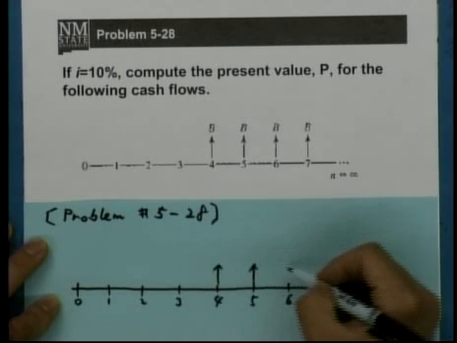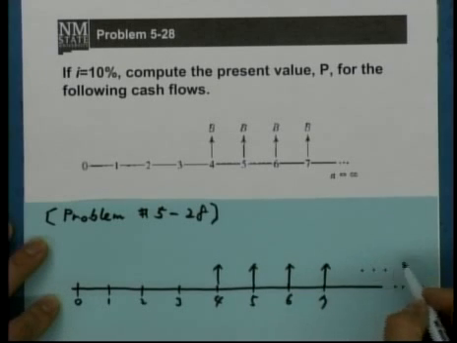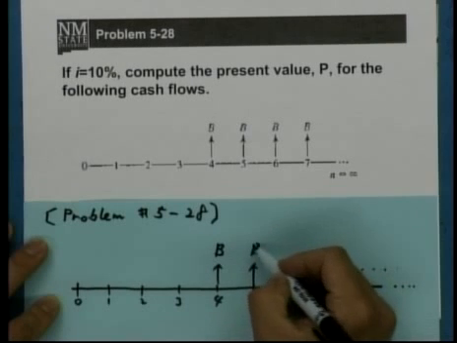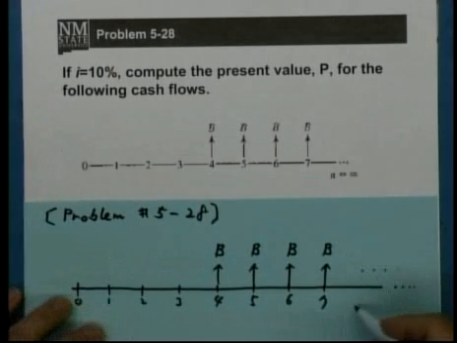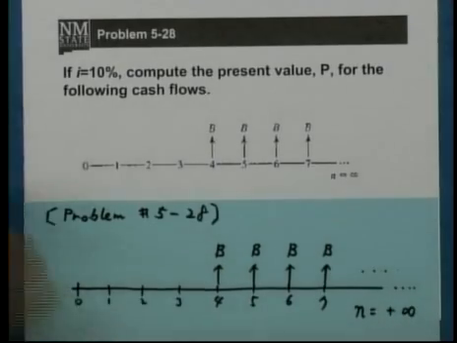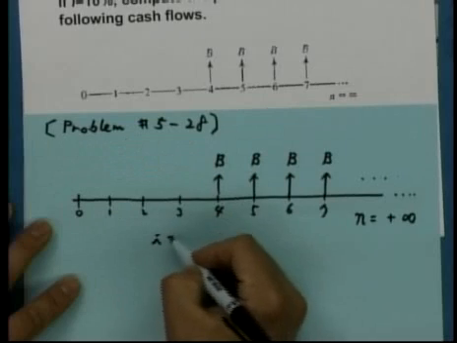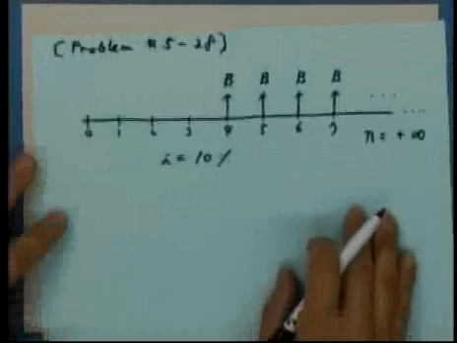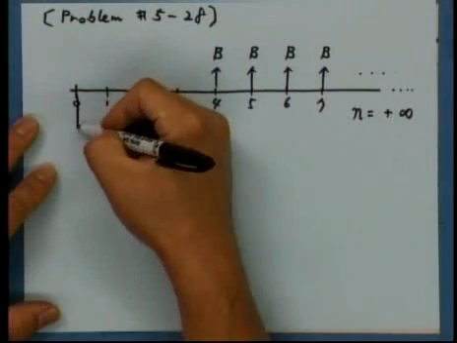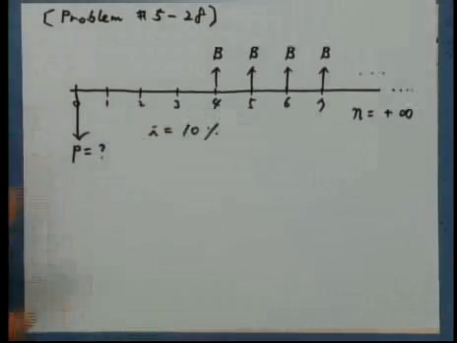And at the end of 4th, 5th, 6th, and 7th, and so on, there is a uniform series, looks like. Okay. And you're going to use 10% of interest rate. And we want to find the equivalent present sum of P. Okay, that is the problem.